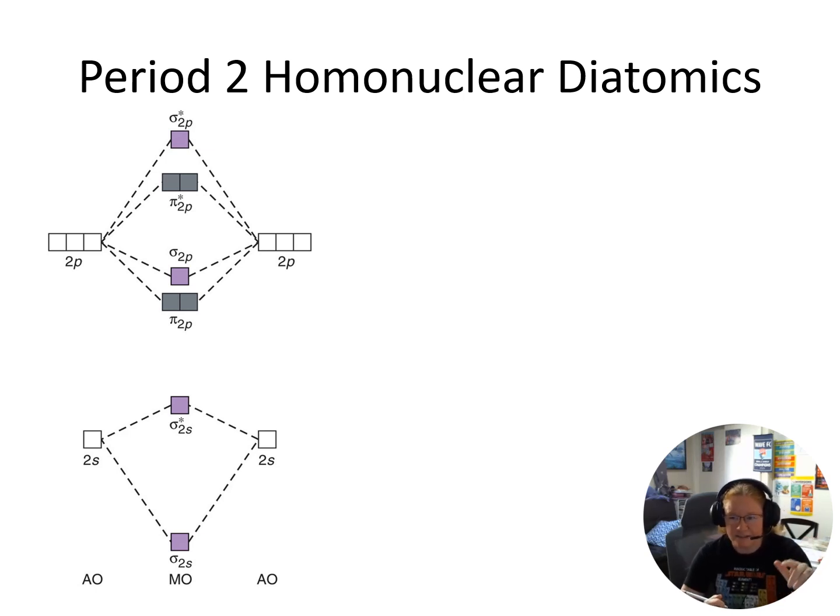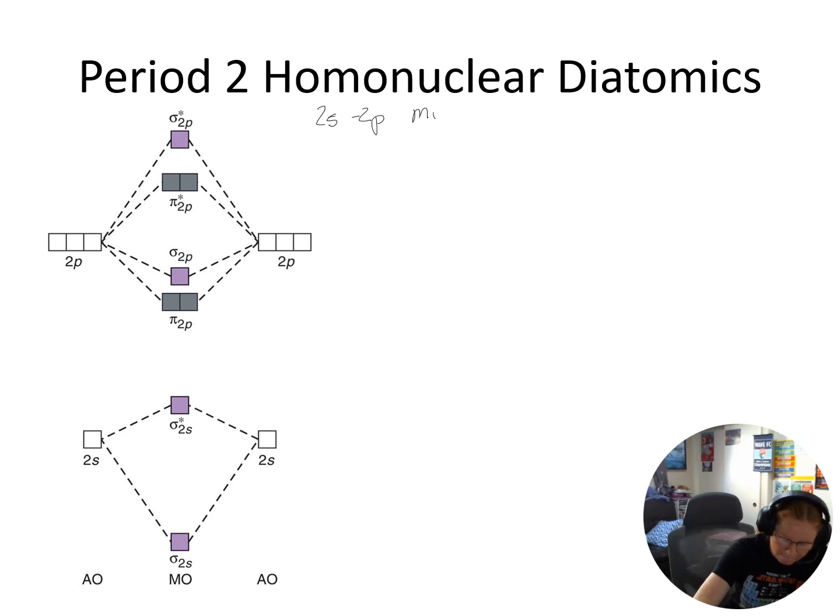And there's this kind of weird misshapen look to what happens with our sigma 2s and sigma star 2s. This has our 2s, 2p mixing for boron, carbon, and nitrogen.